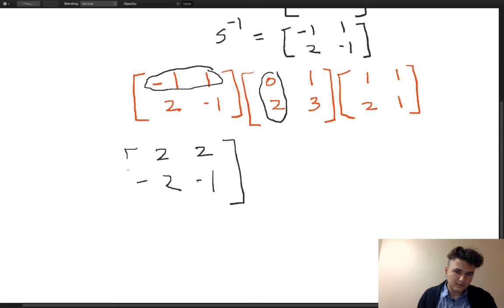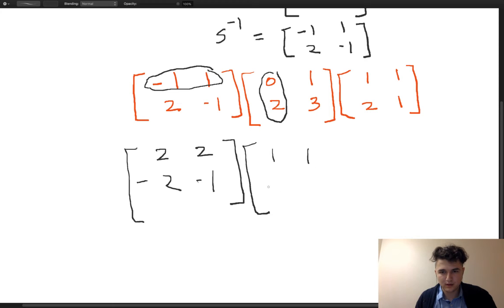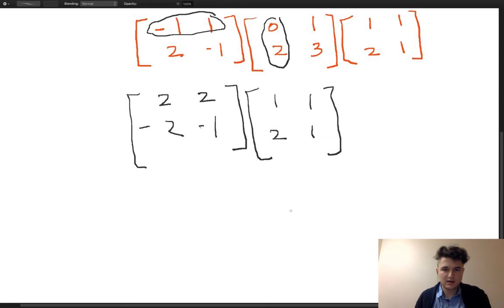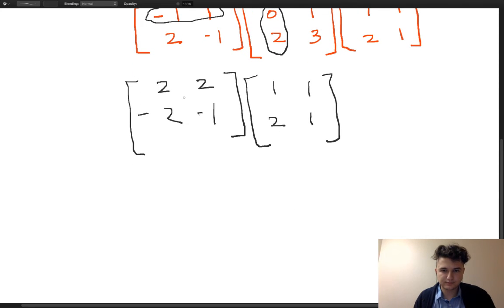Then we're going to multiply by this matrix over here. What we're going to get is 2 plus 4, so this is going to be 6, and this is all equal to B.